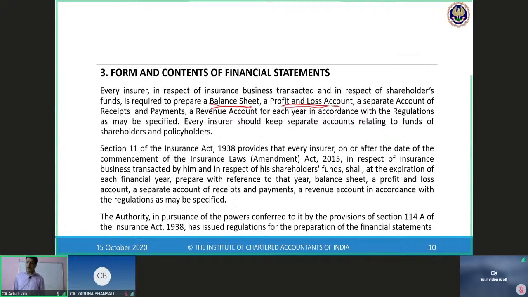They are also required to prepare a separate account of receipts and payments. Then they are also required to prepare another account, the revenue account, for each year. So this will comprise their financial statements.